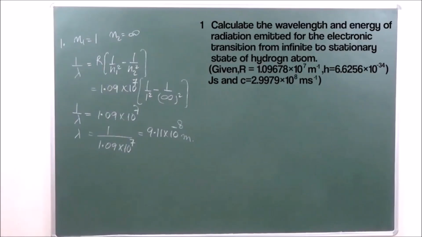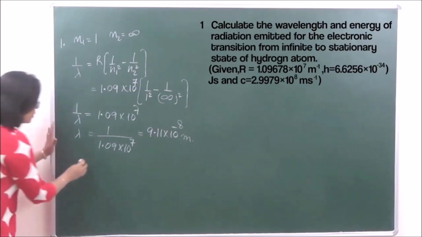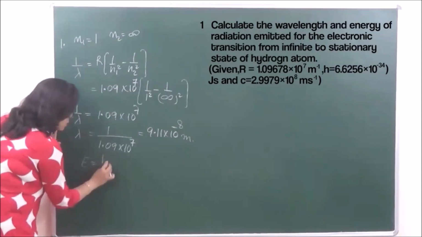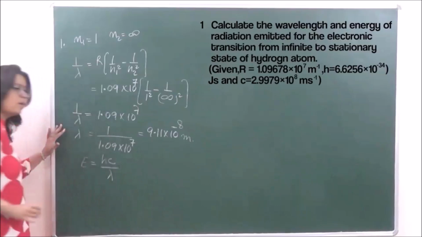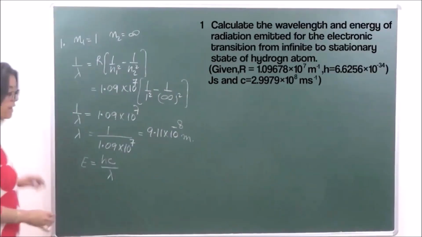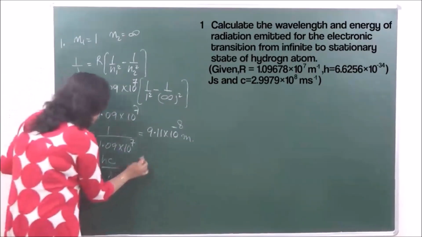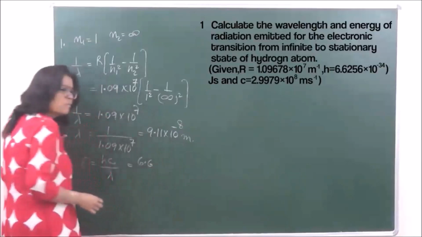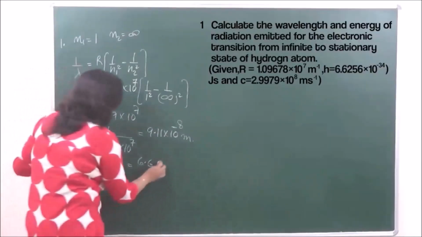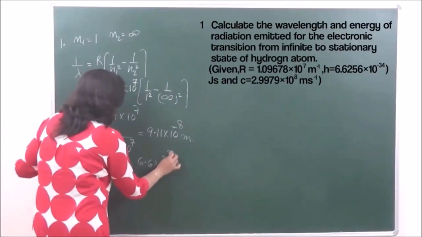Then the second part of the question is that we need to calculate energy. We know that energy is equal to hc upon lambda. The value of h given to you in the question is 6.6256 into 10 raised to the power minus 34, so we can take it approximately as 6.6 into 10 raised to the power minus 34.